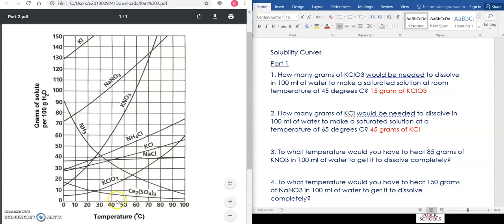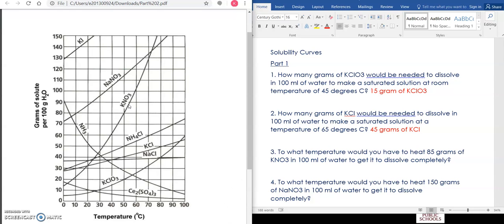So if I'm looking for 85 grams of KNO3, I know that this is temperature across the bottom. That's not going to help me to go up to 85 grams over here. I actually need to go over here on the left side. So I'm going to go up to 80, and I'm going to go in between 80 and 90 and trace over to here. When I arrive here, I'm on my line for KNO3. I can then trace all the way down to right here in between 50 and 60.